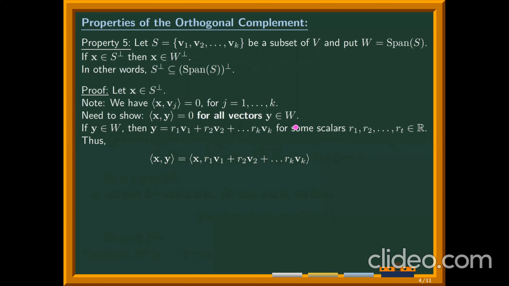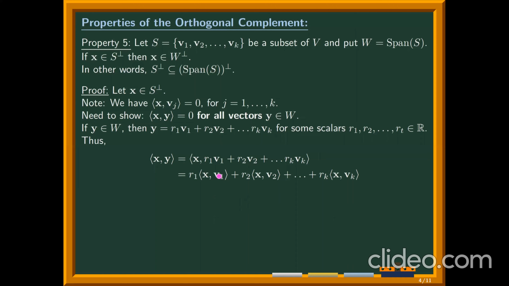From this, we see that the inner product of X and Y is the inner product of X with this expression. So we just replace Y with this linear combination representing Y. At this point, we apply the properties of an inner product. This inner product can be written as a sum of scalar multiples of inner products.